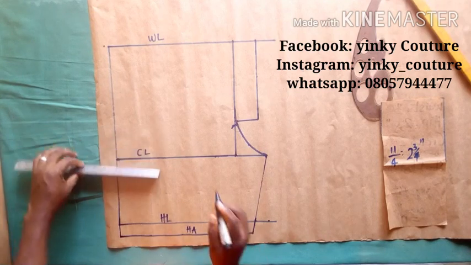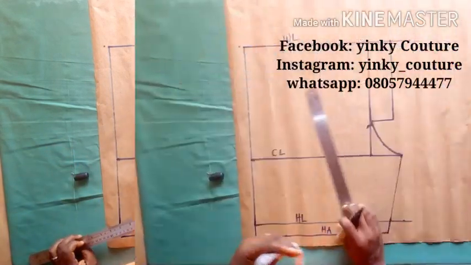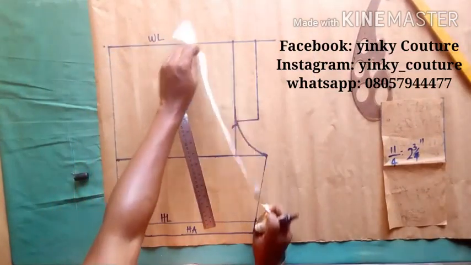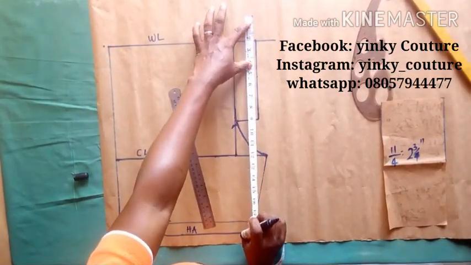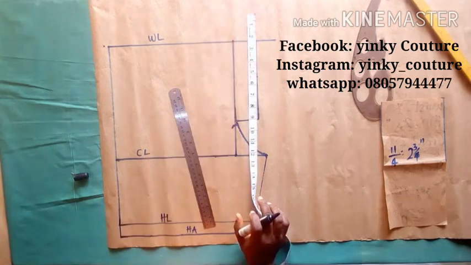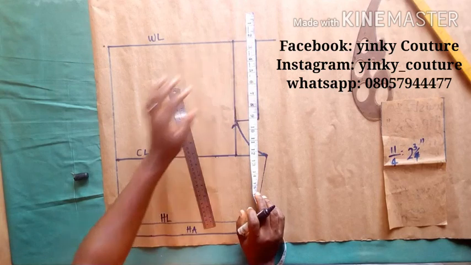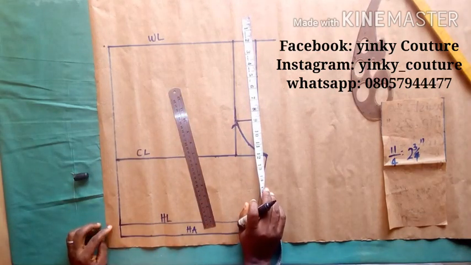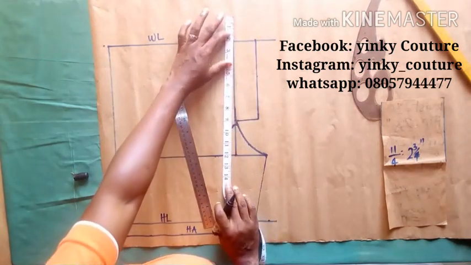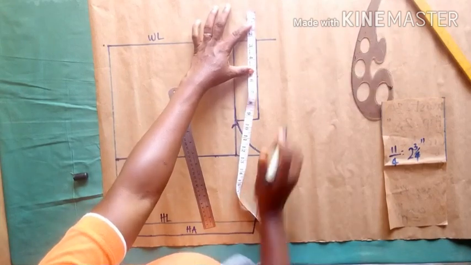So I will label it as hemming allowance, HA. So I will come to the waistline and input the casing for the elastic, like so. The casing for the elastic is 2 inches. So I will input it all round.